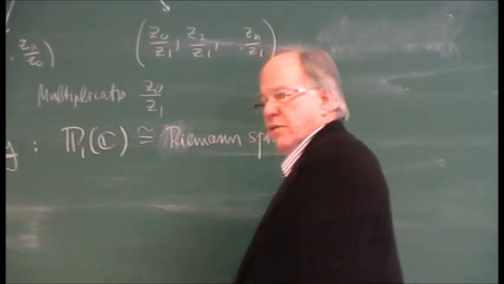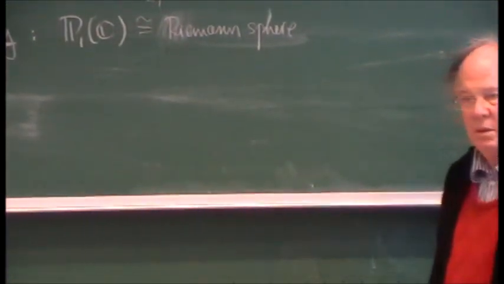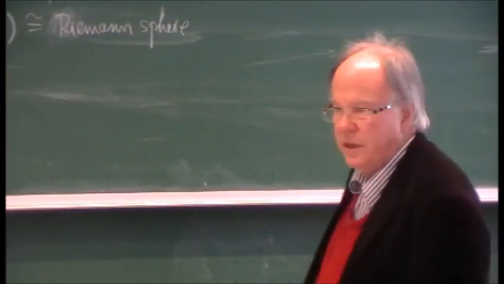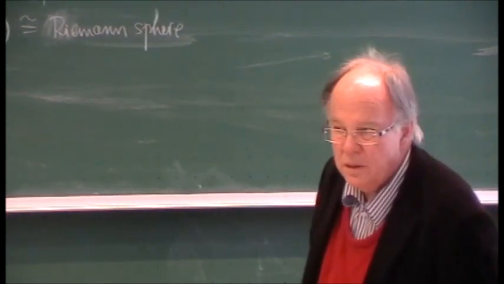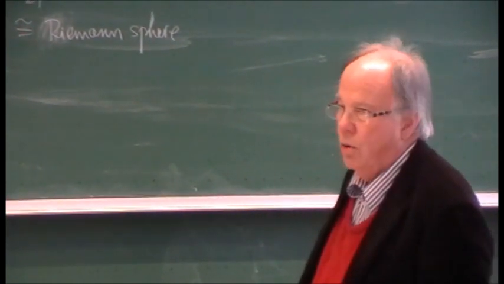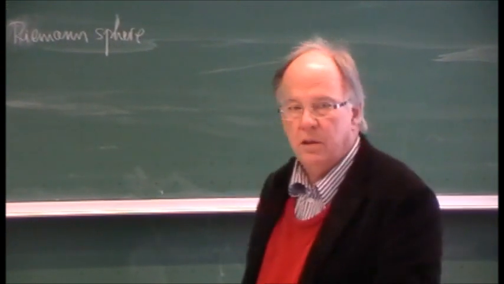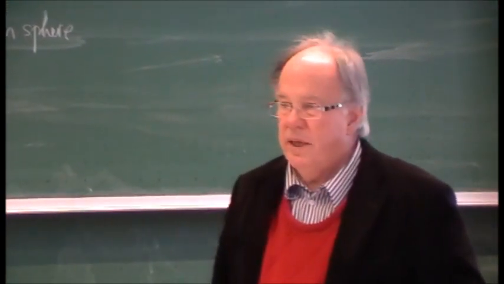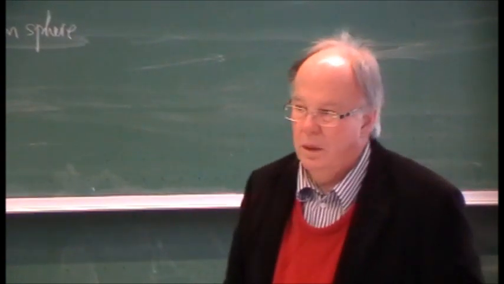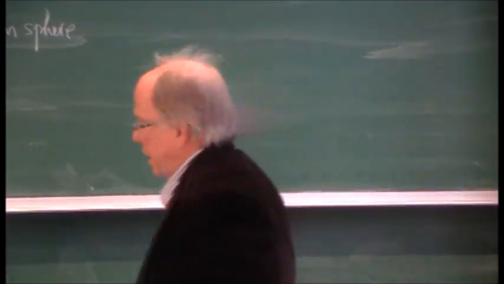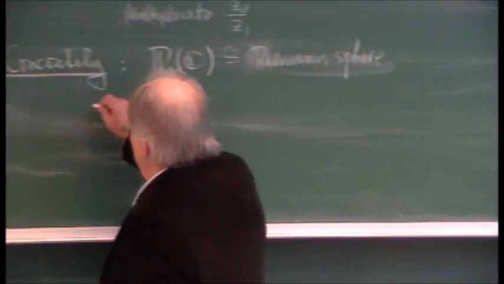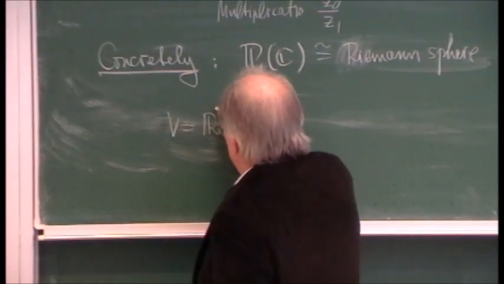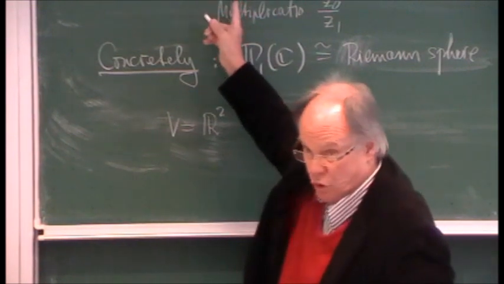Maybe we should make this identification. So what am I doing? Say it again, please. Isn't it just a circle, one-dimensional? No. He asked if it's a circle, and that's a good question, but that's over the real numbers. So you see, if you start with V over the real numbers, R2, here was C2.